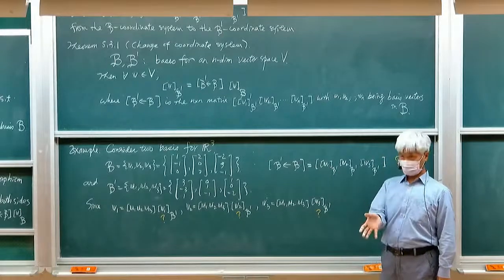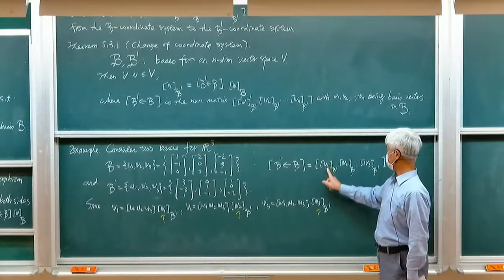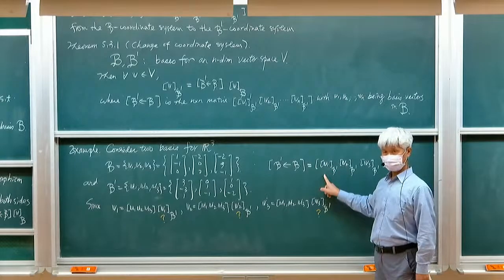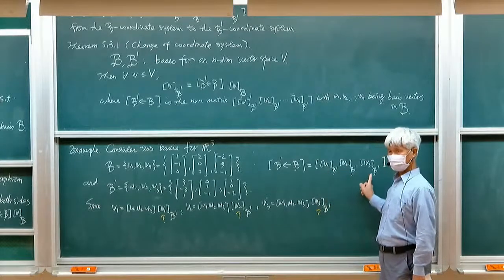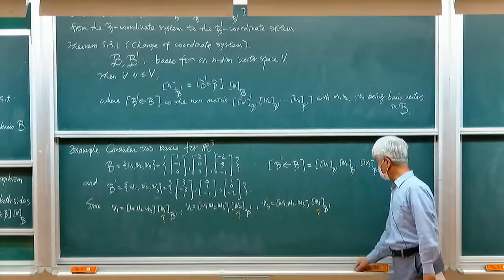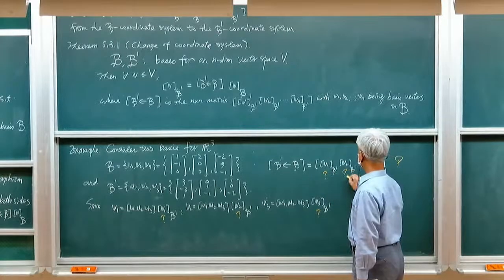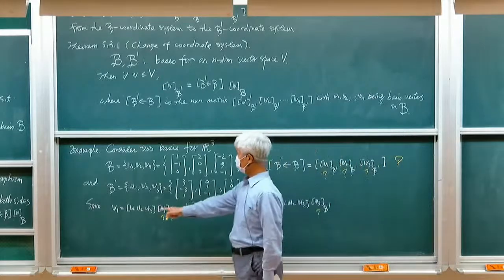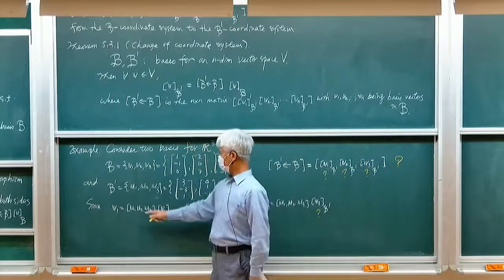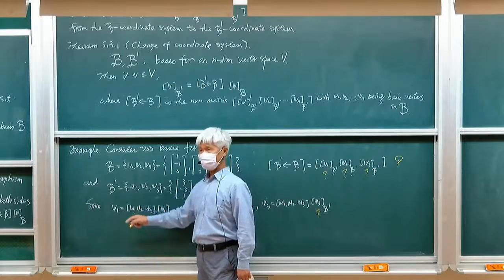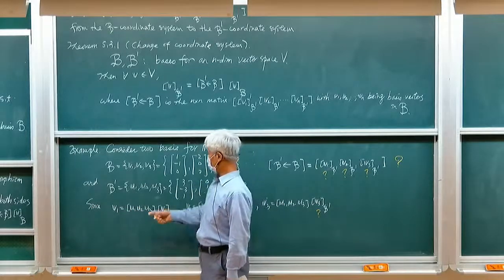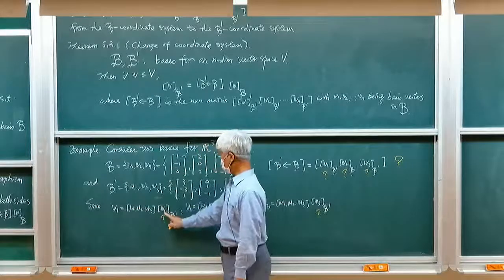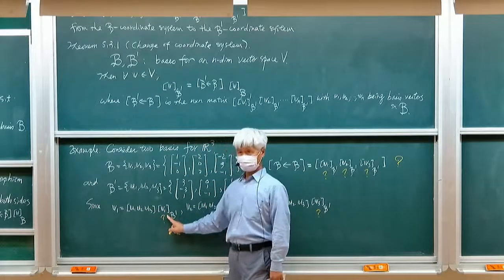But to find this transition matrix, we have to find these three B prime coordinate vectors. So they are unknown. But we know that they have this relation, because V1 is a linear combination of U1, U2, and U3, and the coefficients are inside this B prime coordinate.